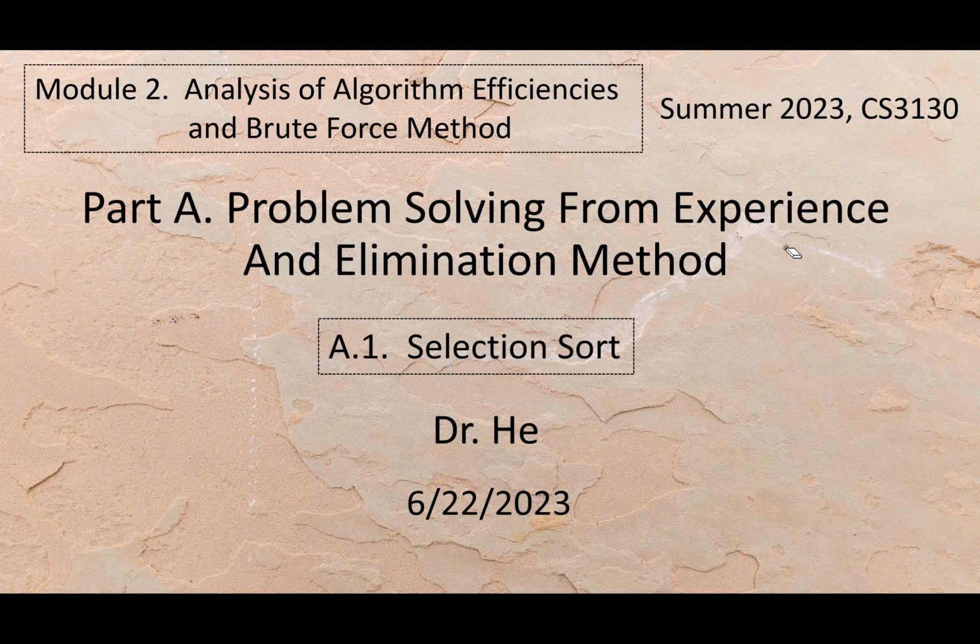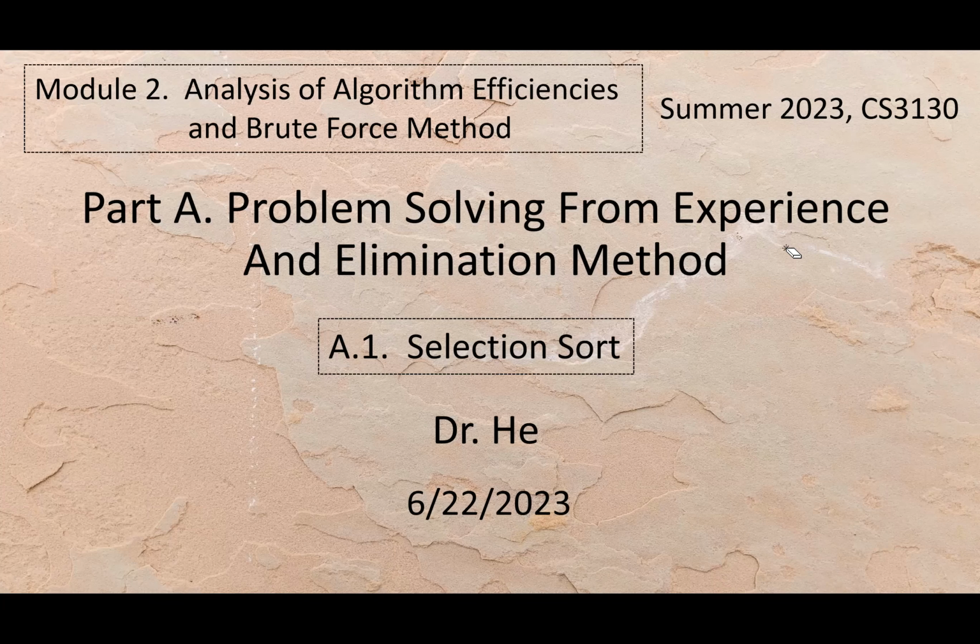Part A, problem solving from experience and elimination method. 8.1, selection sort. So we will learn our first sort algorithm. Now, remember, at this point, we have learned one search algorithm, linear search, sequential search.